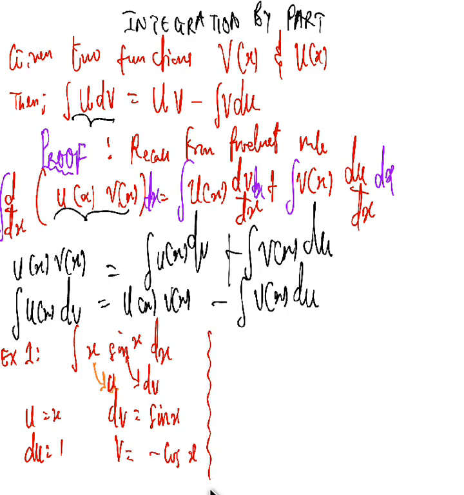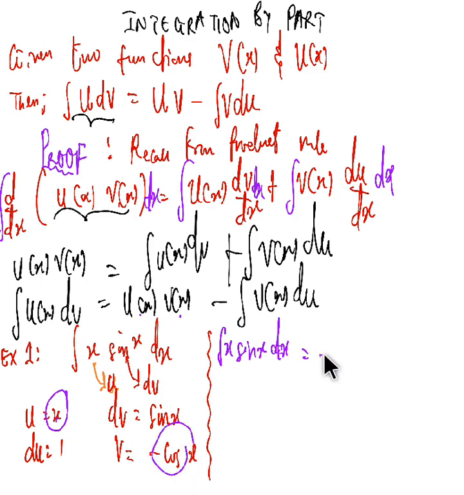Okay, then you apply the formula we just derived. The integral of u of x dv, that is the integral of x multiplied by sine x dx, will be equal to u of x, v of x. Our u of x is x, and our v of x is minus cos x.